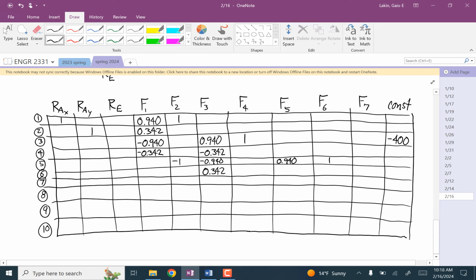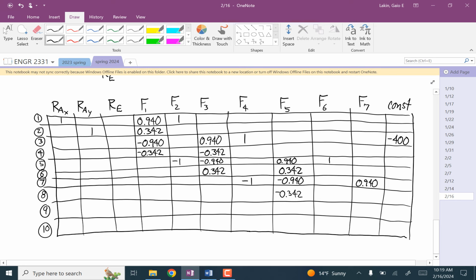0.342 for F5. And that's it. Okay. Equation 7. We have negative F4, or negative 1 for F4. Negative 0.940 for F5. 0.940 for F7. And that's it. Negative 0.342 for F5.